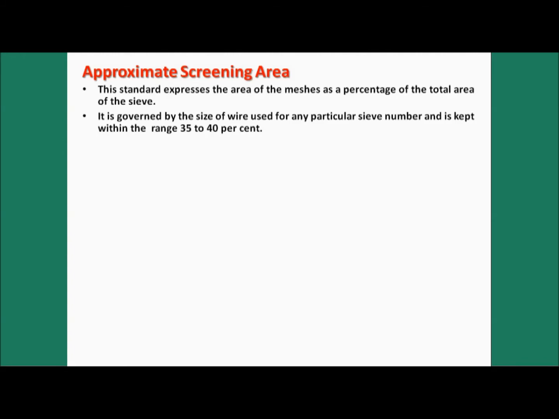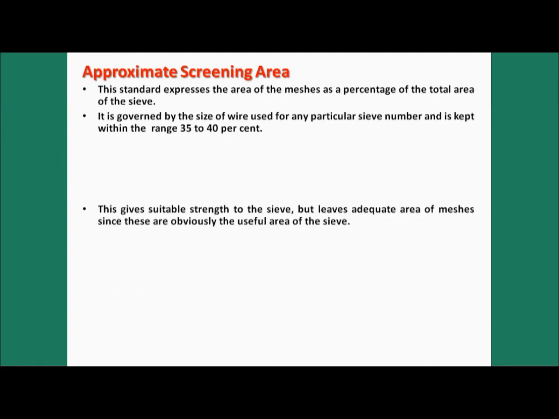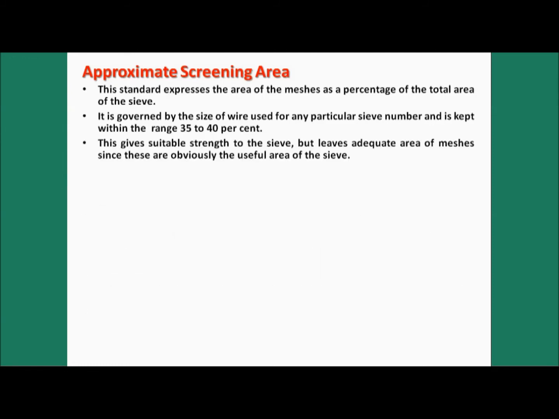Only 35 to 40% area of the sieve is used for the screening, and this area is known as approximate screening area, right? So this gives a suitable strength to the sieve, but it leaves adequate area of the meshes unused, right? Thus in a sieve, 35 to 40% area is actually used.